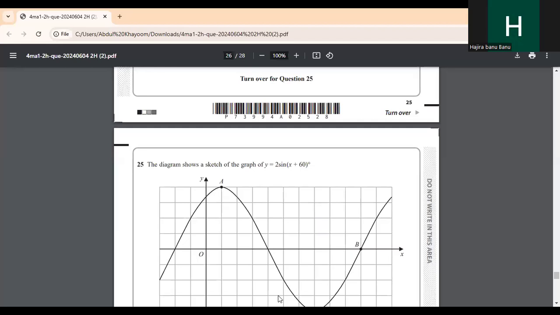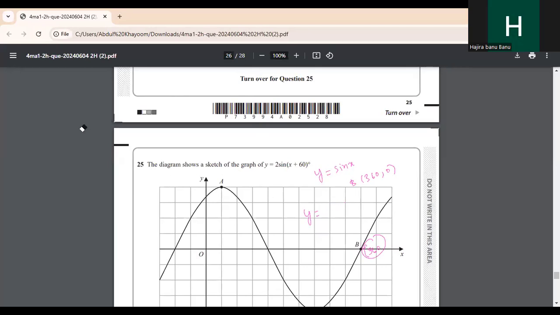The original value of x is 360. I'm talking about the original graph. For y equals sine x, the point B will be (360, 0) because B is on the x-axis.